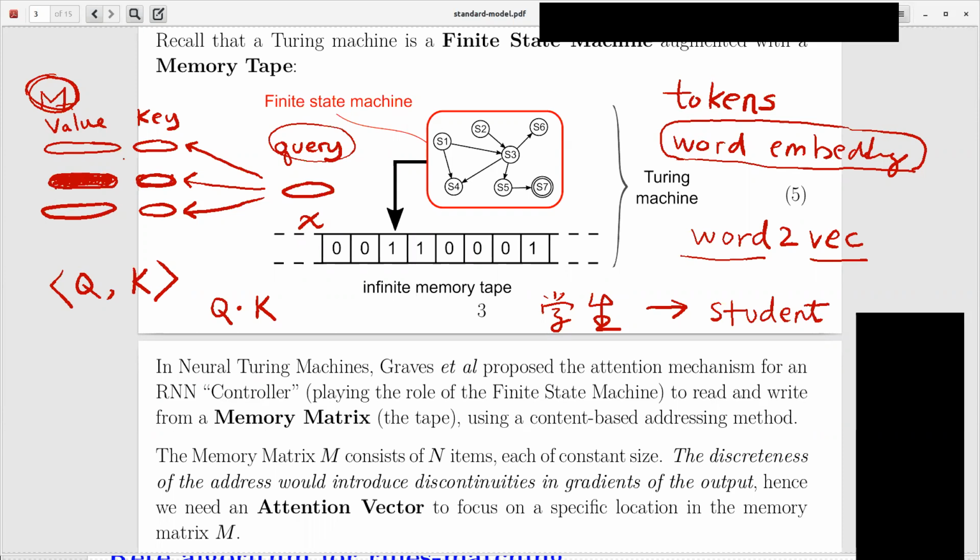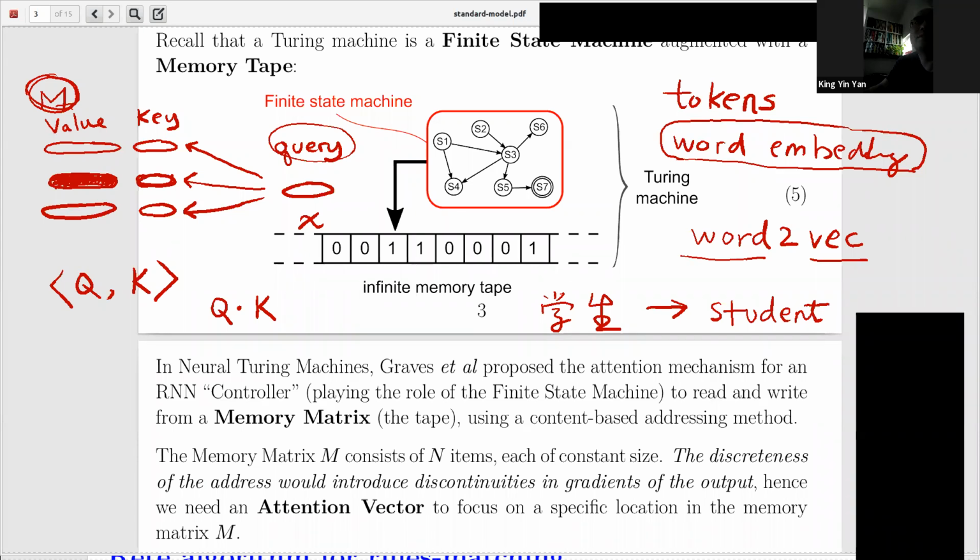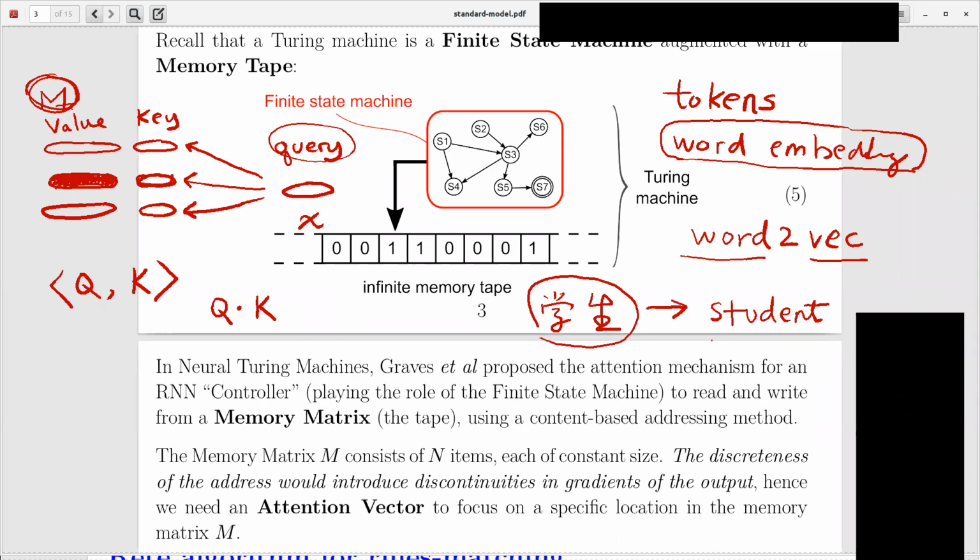If it's not a translation scenario, how can we define the key value? That's my question. But this memory matrix is learned. All the content of this is learned. Initially it's just random numbers. You input the 学生, and well, 学生 student is just a very special case, right? About the translation scenario, we got it.